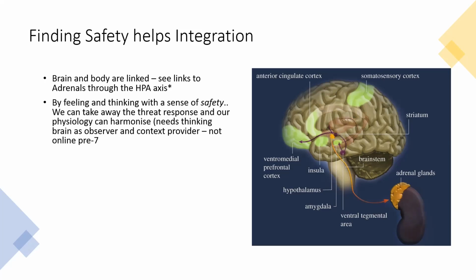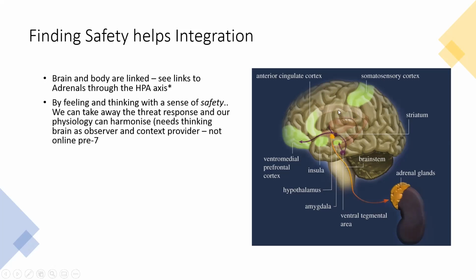And so by feeling and thinking at the same time, having that left-right brain integration within a sense of safety, we can actually reduce the threat response, and the physiology, how your body works, can start to harmonize.